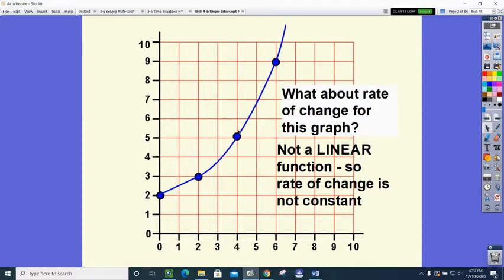And even up here, it grows more rapidly, which is 4 over 2, or 2. So between the points, the slope keeps getting bigger, and we notice that we have a curve, not a line. So it's not a linear function. It's because the rate of change, oh, by the way, the slope, changes so that it doesn't stay linear.